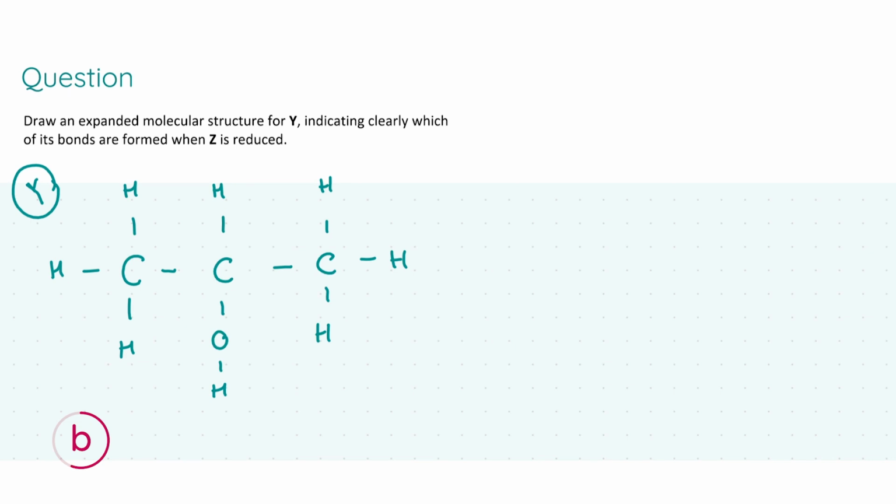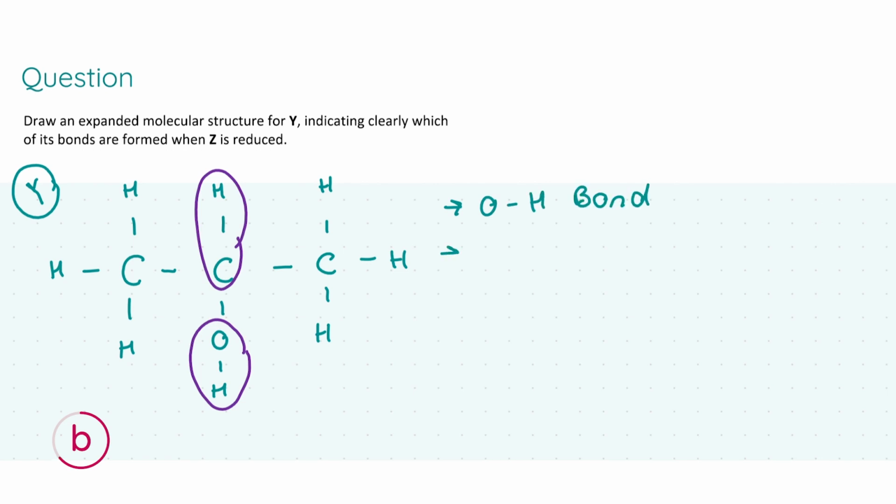It's clearly going to be this one because we didn't have that before. And it's going to be this OH bond because we already had a bond between C and O, so it's going to be that OH bond. But it also asks us to indicate clearly, so I'm going to write it out. I'm going to say the O to H bond, and I'm going to say the C to H bond to which the OH is attached.